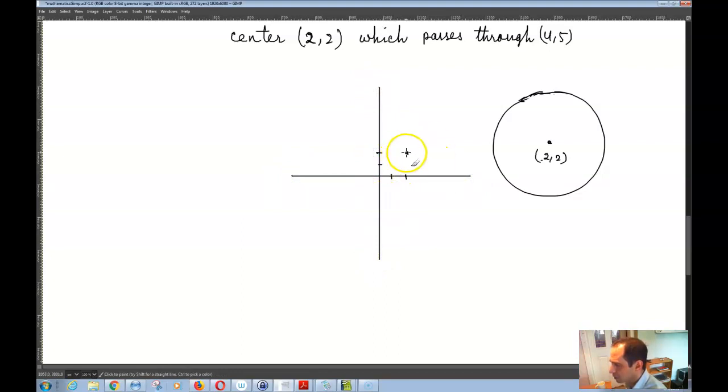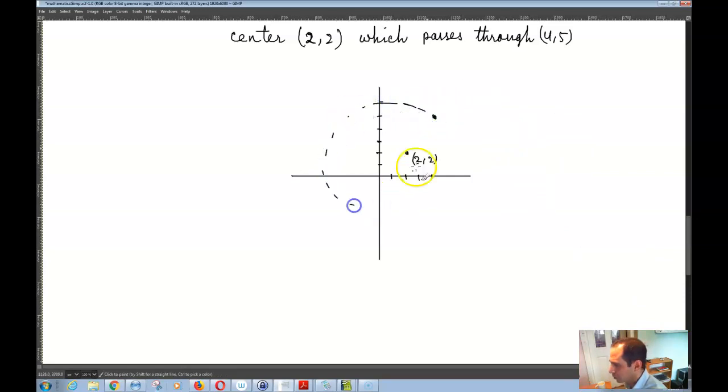So this is your center, and 4, 5 is basically over here, and the circle passes through this point. I mean, of course, it's not the best circle that I've ever drawn, but you get the idea.